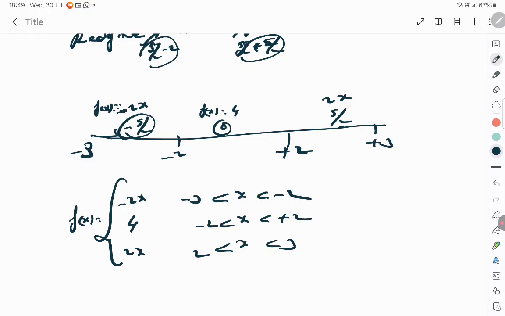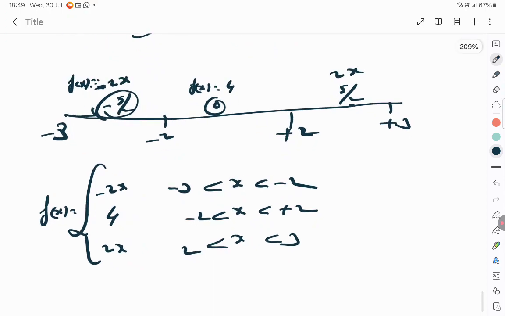But somewhere you have to include and exclude. So in this, if I'm going to include the minus 3 here, I'll exclude the minus 2. In the second case, I'll include the minus 2, I'll exclude the plus 2. In the next case, I'll include the plus 2, and I'll also include the plus 3.